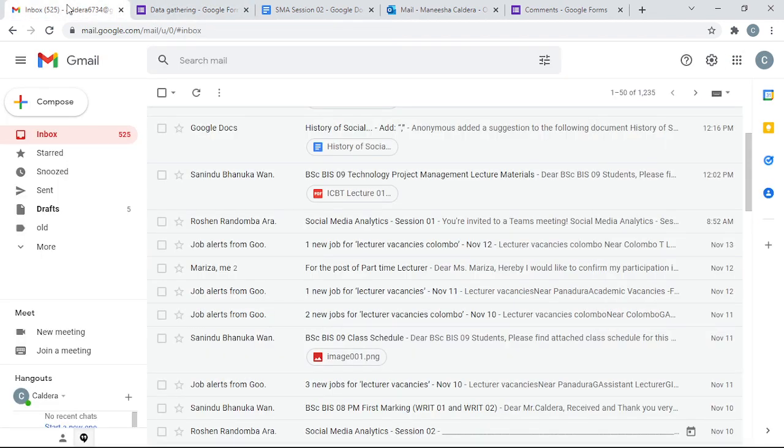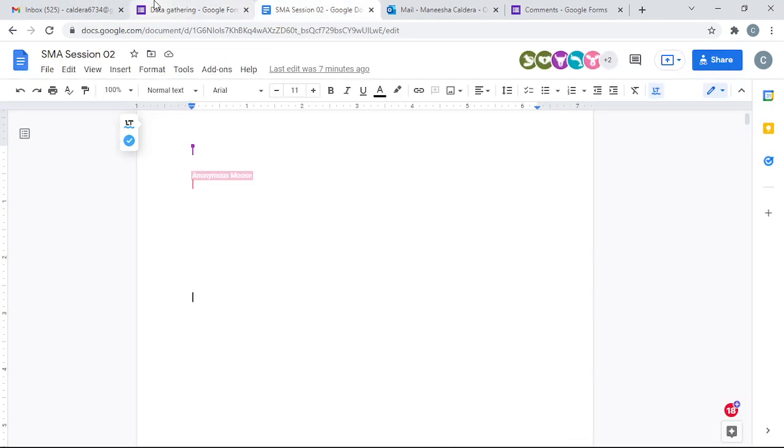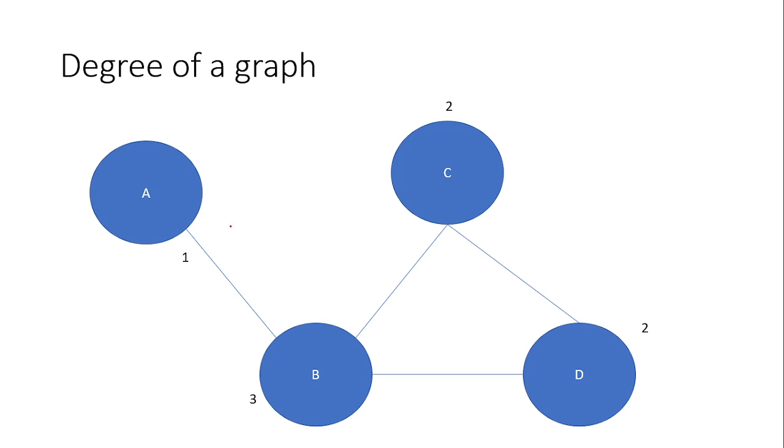Higher degree is the highest influence, yes, nice. You got the point, right? Once the degree is increasing, you are one of the influential persons.